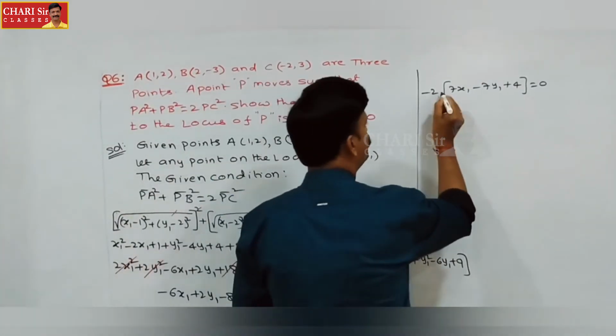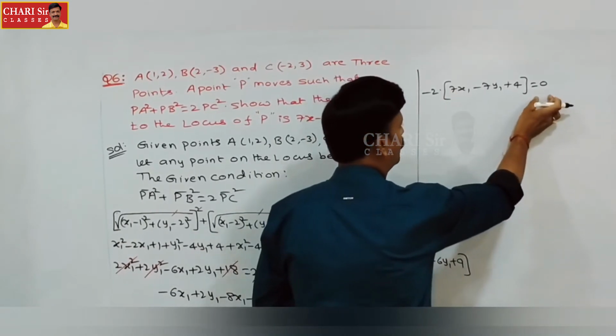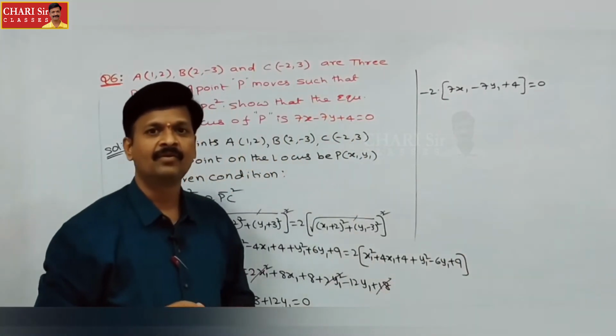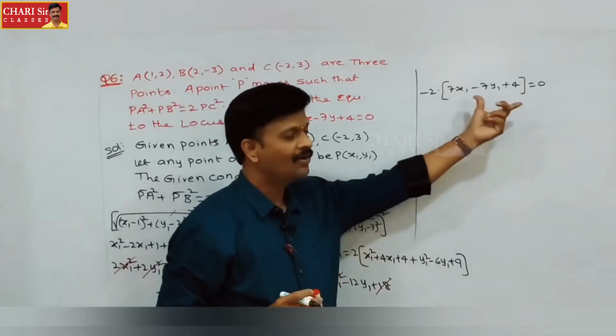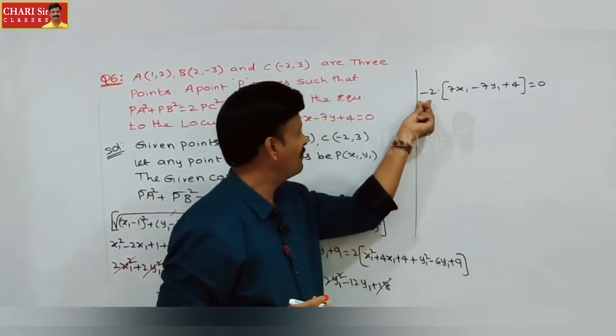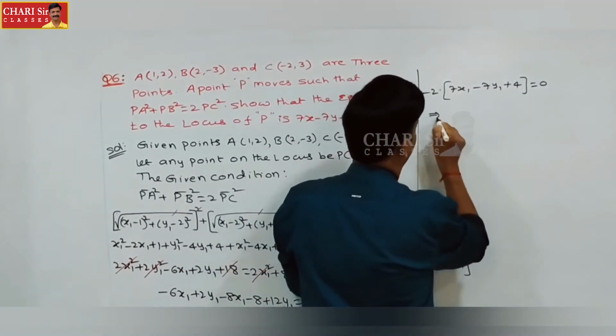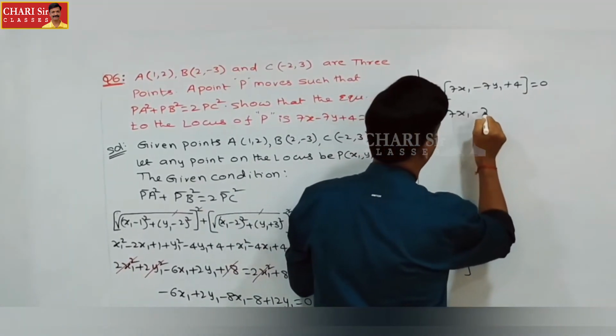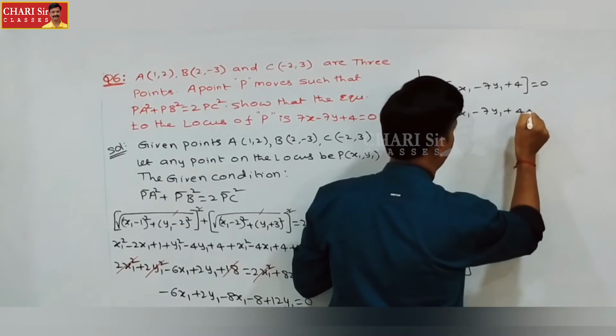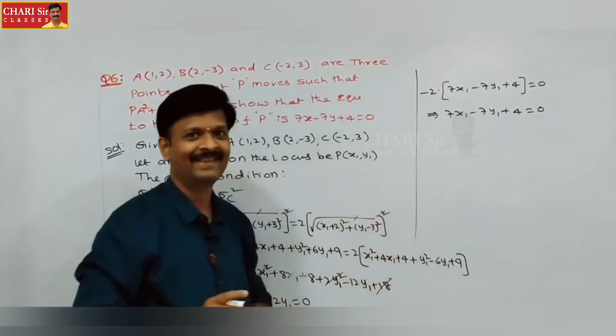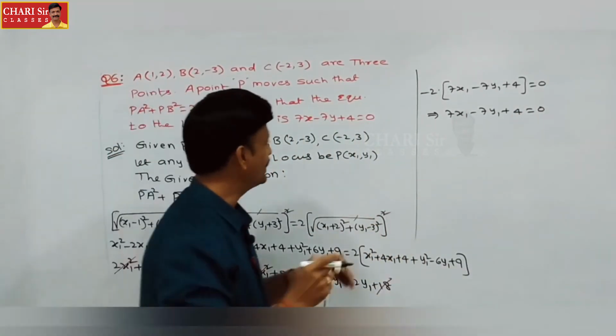Now minus 2 into this expression equal to 0. When the product of any two terms is equal to 0, either the first term is equal to 0 or the second term is equal to 0. We know that minus 2 is not equal to 0. Therefore what must be equal to 0? From this we can write that 7x1 minus 7y1 plus 4 equal to 0. This is not the final answer. What is the final answer?